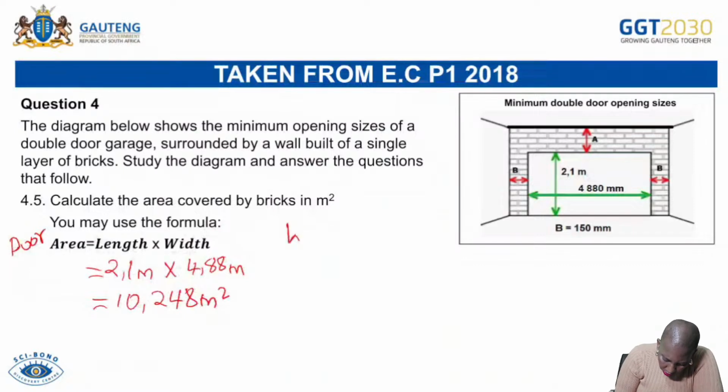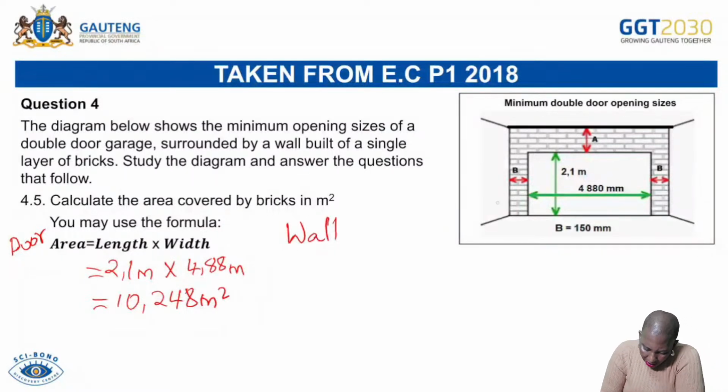And then now we want to calculate the area of the wall. What is the height of the wall here? Remember the height of the wall, it will be 2,1, ne? And then 2,1 plus the B. Now B is 150, so it is 150 this side, it is also 150 this side.